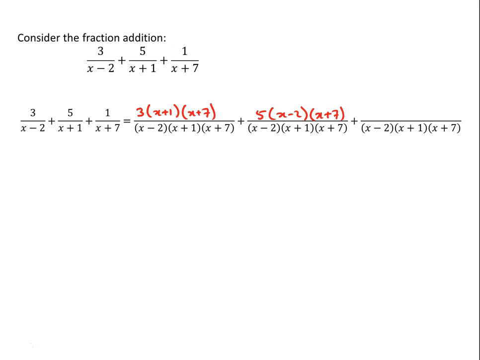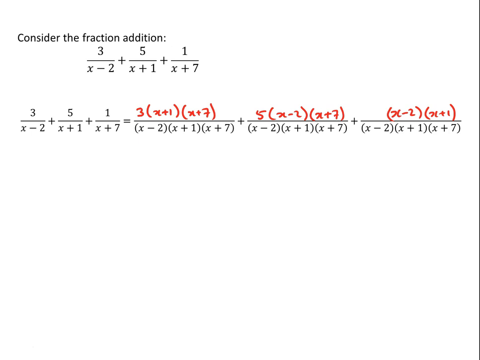And 1 over x plus 7 will be the same thing as 1 lot of x minus 2 times by x plus 1 over the common denominator.